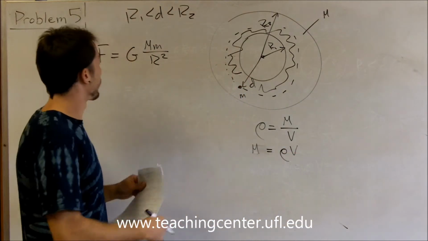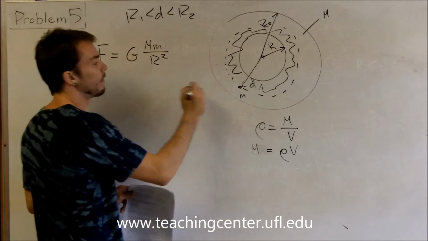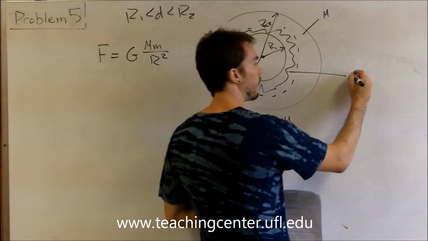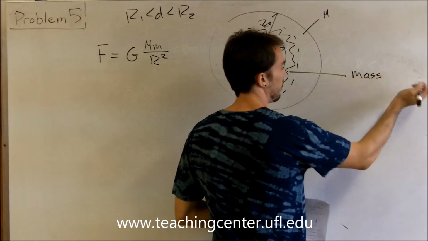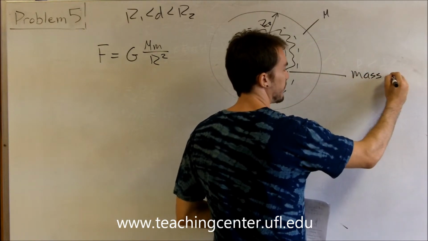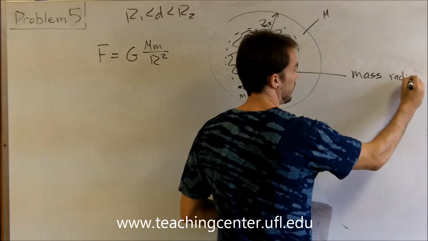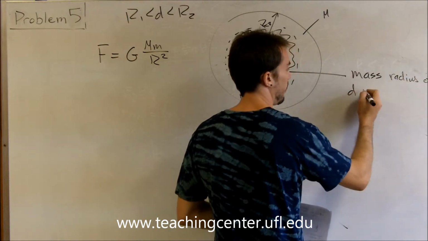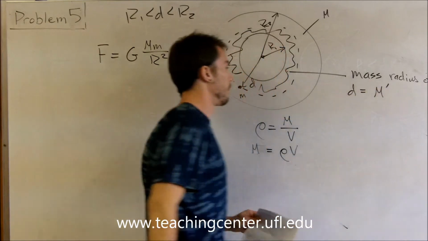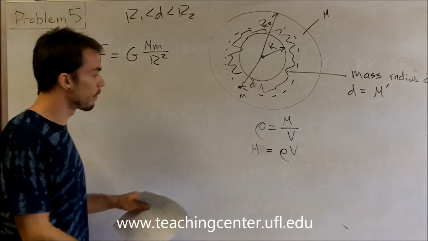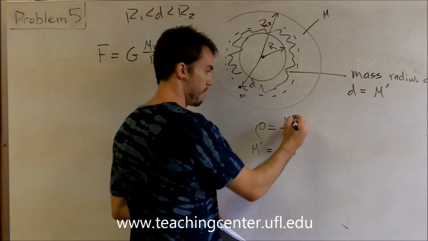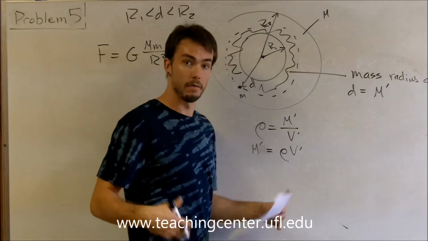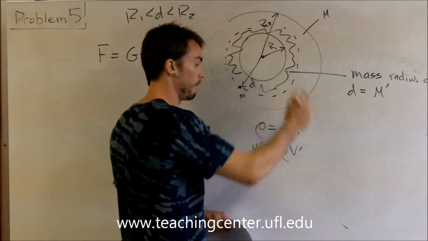Now, I actually wanted to change this. What I'm going to do is call the mass inside of d, the mass of the spherical shell with radius d, m prime. So in calculating m prime, we're going to have to use v prime, or the volume of this area right here.